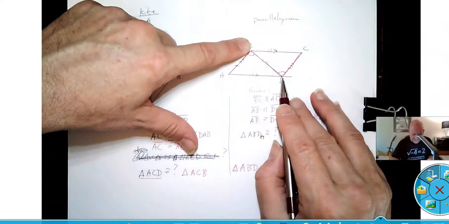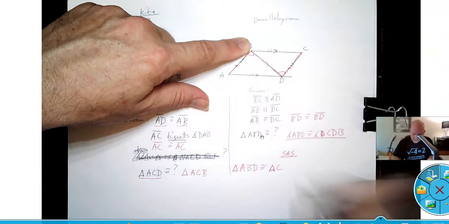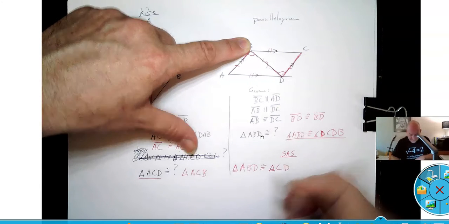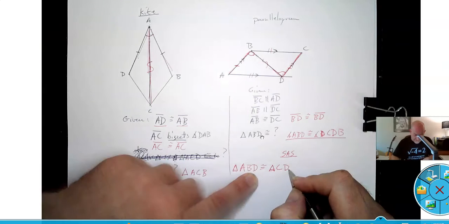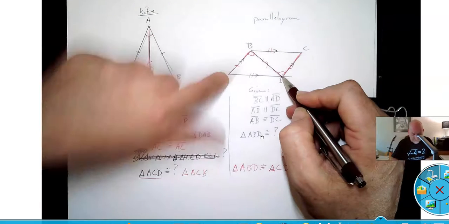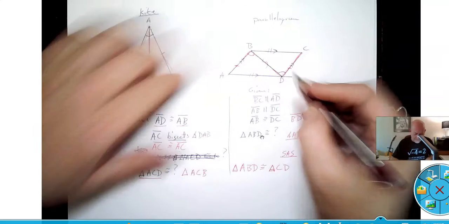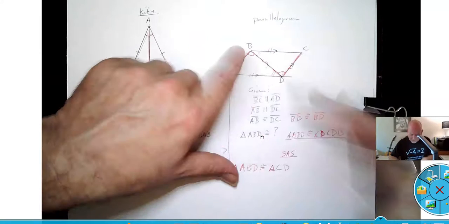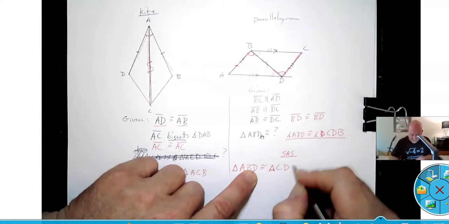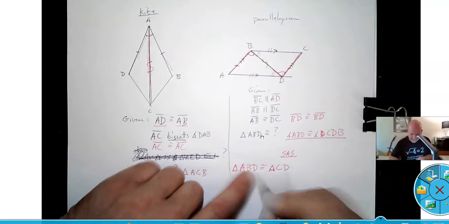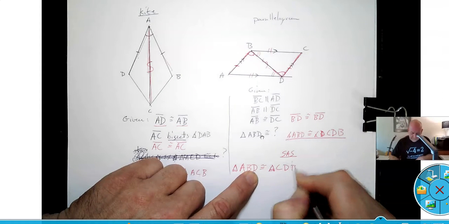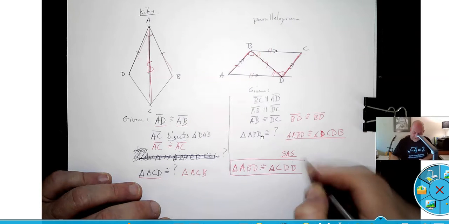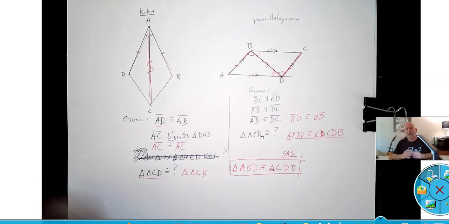B has the same angle measure as D, so the next thing is D. And then it's just going to be the other angle here. So again, we're going to swap B and D. So B goes to D and D goes to B. Right? And so that's our congruent statement. And that gives us all the other congruencies we need.